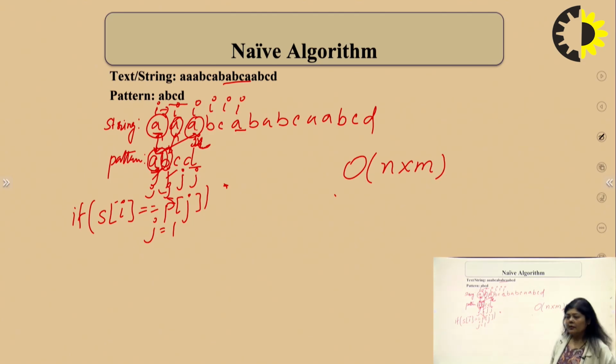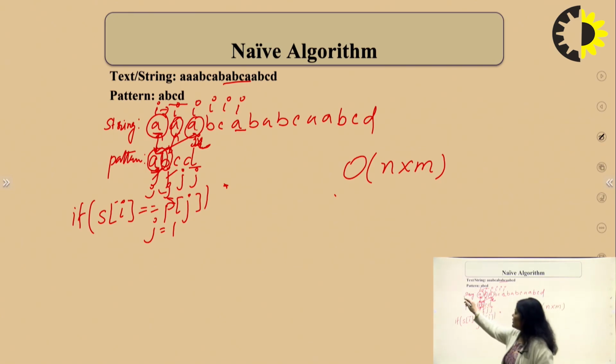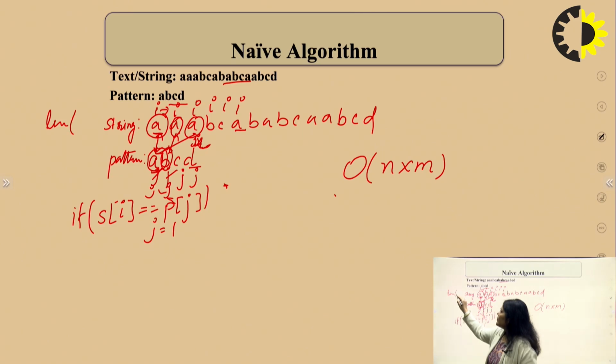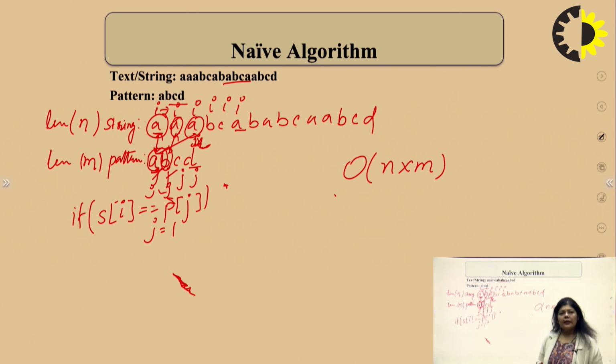Now why? If I assume that the length of the string or the text is, for example, n, and the length of the pattern is, for example, m, then I have to take n number of characters, because I am searching here.